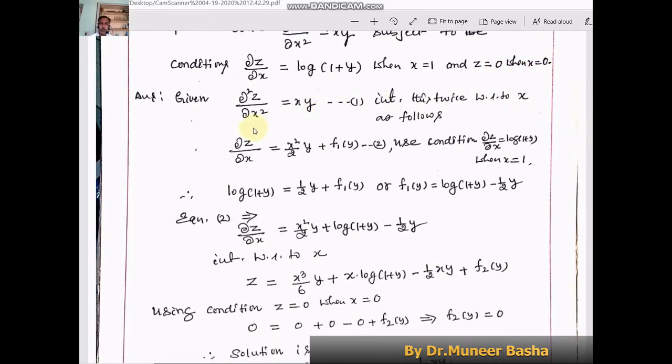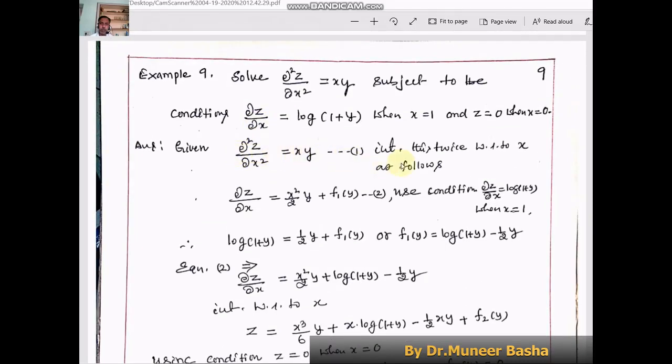Okay. Now write the given relation once again as it is, integrating with respect to x, it follows that ∂z/∂x becomes x square by 2 into y plus f1(y). So f1(y) is the constant of integration. So using this condition, we will find the equation in terms of log of (1 plus y) is equal to half y plus f1(y).